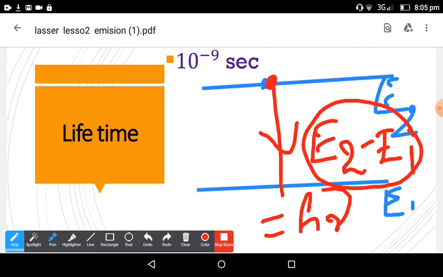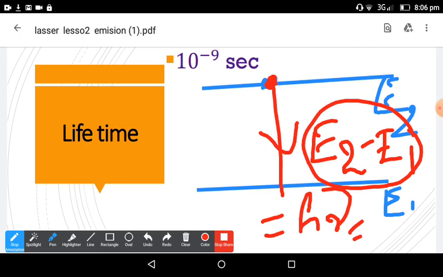But we should remember one thing: as all the atoms do not reach the same lower energy level, this nu value is different. So the spontaneous emission of radiation consists of different wavelengths. It means spontaneous emission is not monochromatic. This is the reason why it is not so intensive, it is broad, it does not follow the property of directionality, and it is not monochromatic, it is not coherent. So these are the differences between a laser and ordinary light.